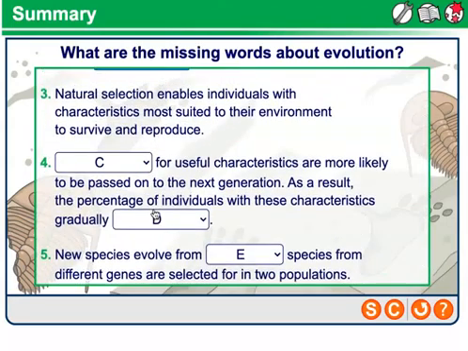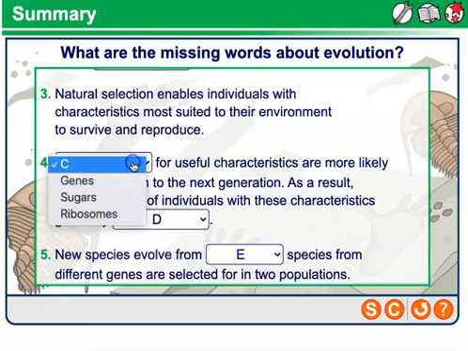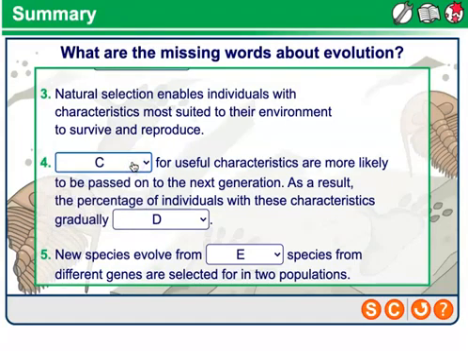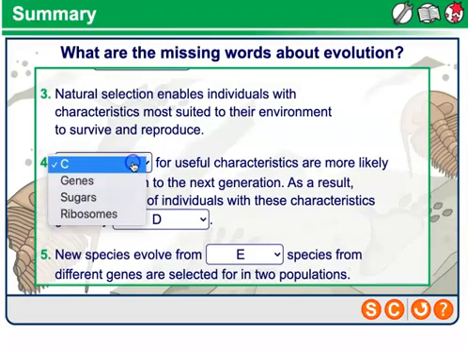Natural selection enables individuals with characteristics most suited to their environment to survive and reproduce. Blank for useful characteristics are more likely to be passed on to the next generation.